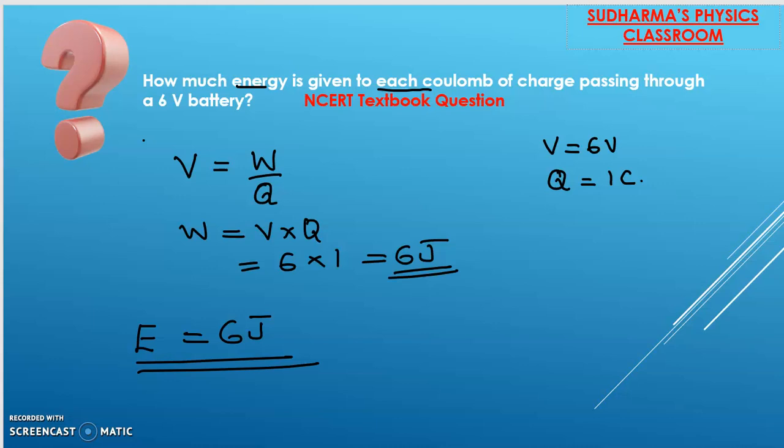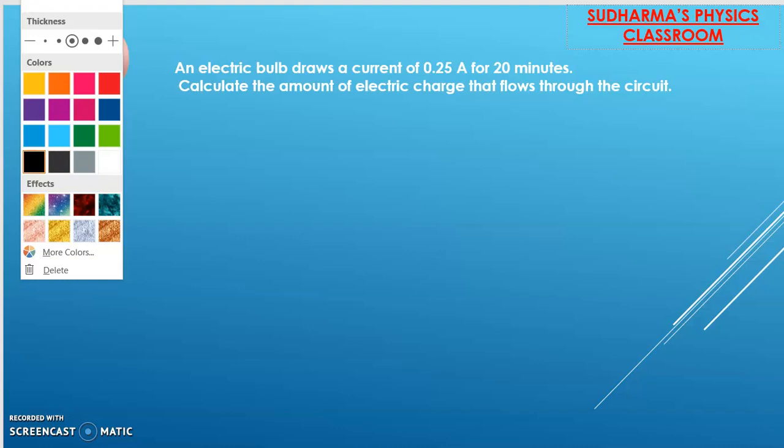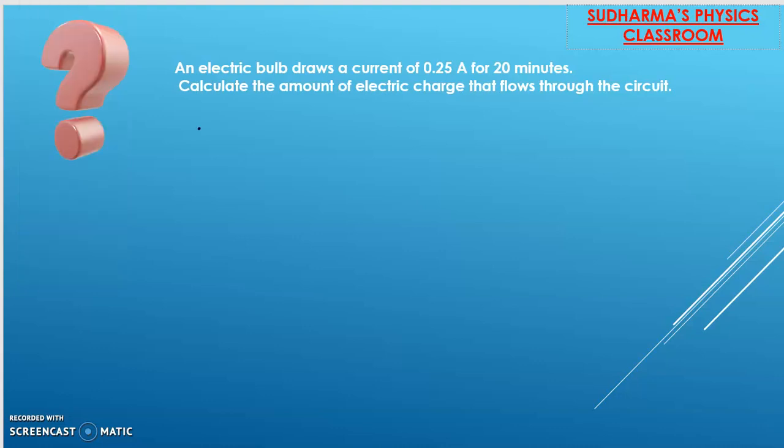Now let's do one more question today. An electric bulb draws a current of 0.25 ampere for 20 minutes. So let's write down the values. I equals 0.25 amperes.